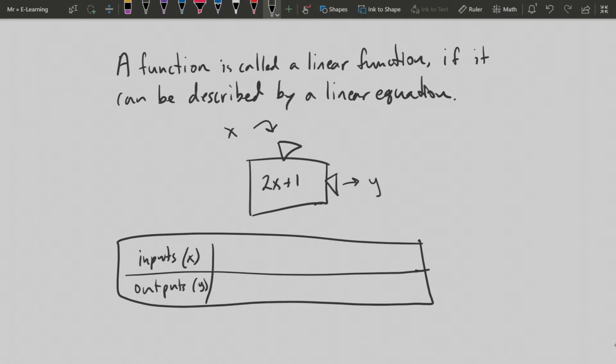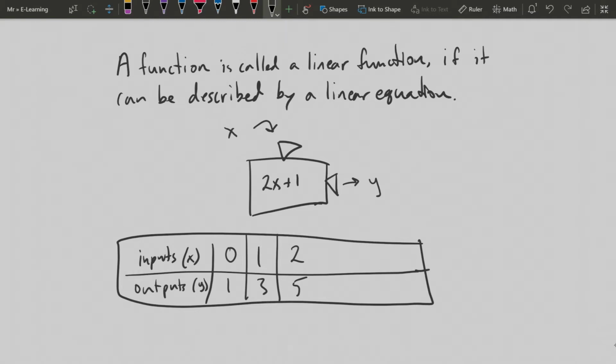From that, we can set up our list of inputs, which is x, and outputs, our y. Let's draw a table here and see what we get.